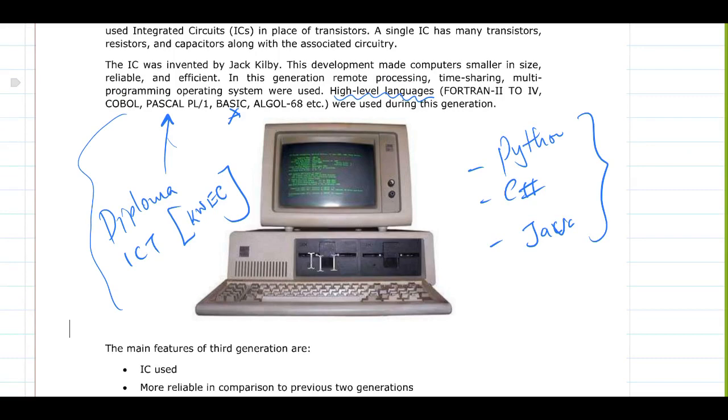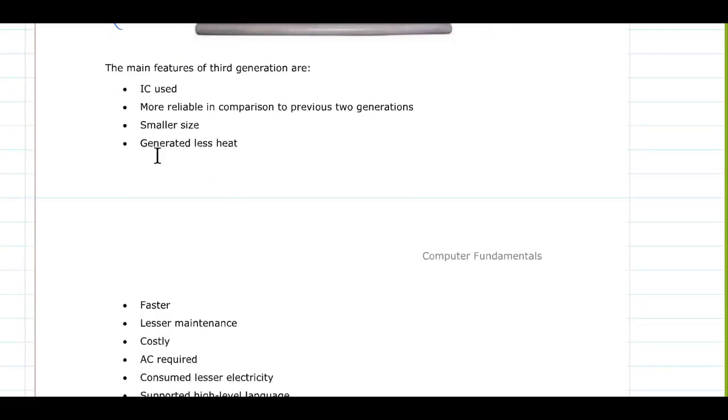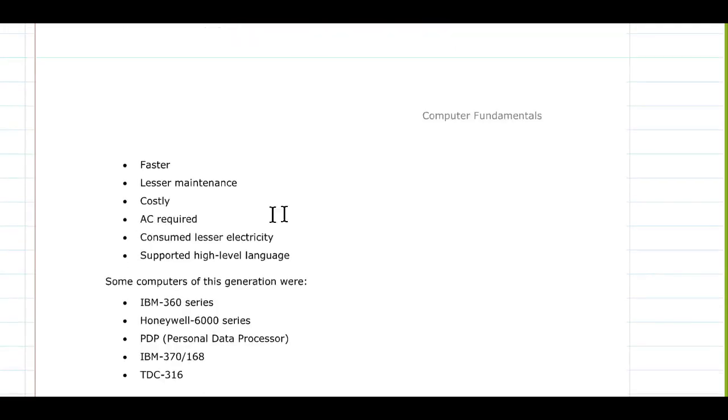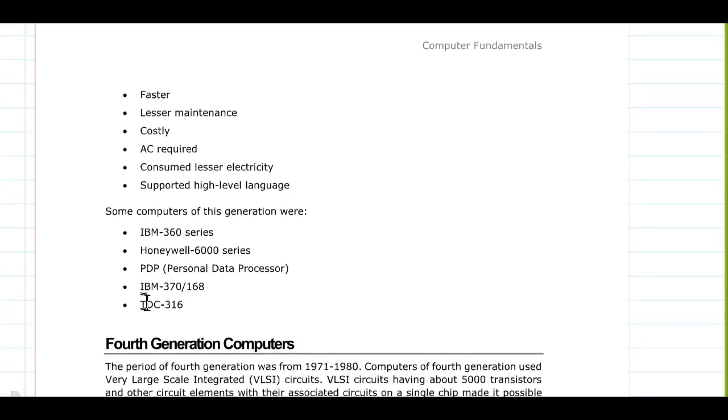They produced much less heat, were much faster, with lesser maintenance. Of course, less costly. They still required some fan or AC, consumed less electricity, and supported high-level languages. The computers of those days are these ones. If you Google this, you'll see these computers, just like we have said.